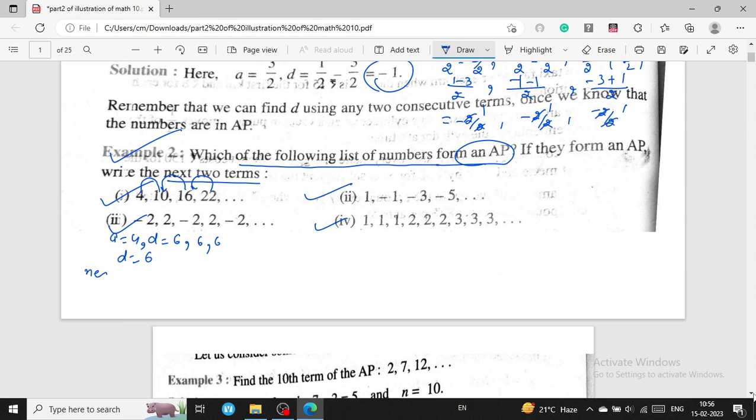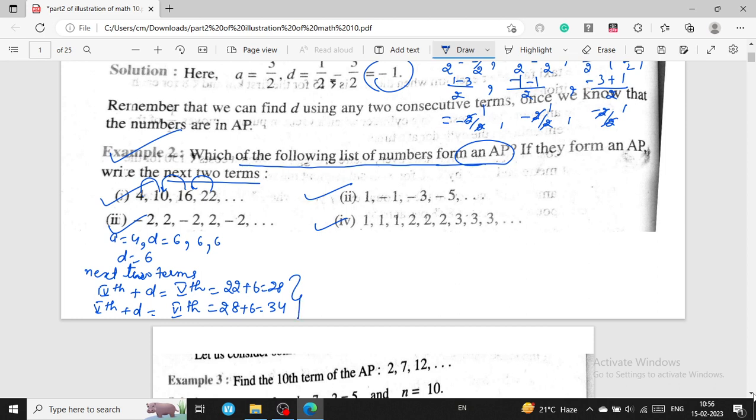And the next two terms will be: fourth term plus D, that will be the fifth term, and fifth term plus D, that will be the sixth term. Now the fourth term is 22 plus 6, 28. Fifth term 28 plus 6, 34 is the sixth term. Thus you can find the next two terms.